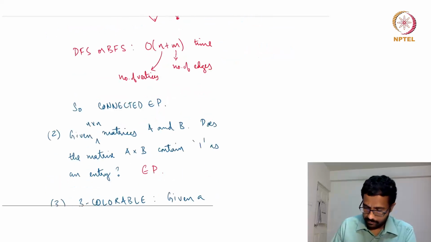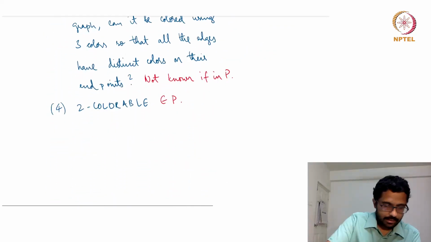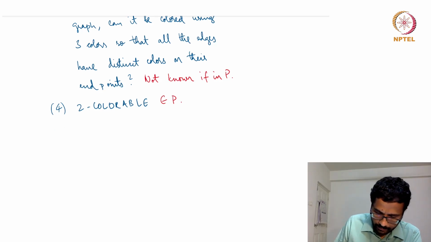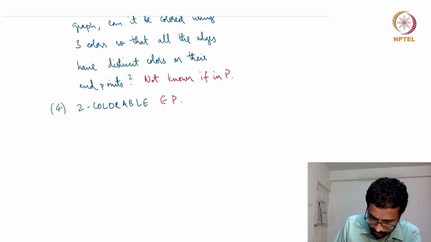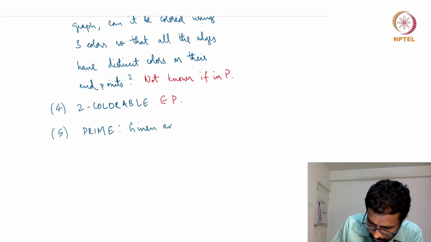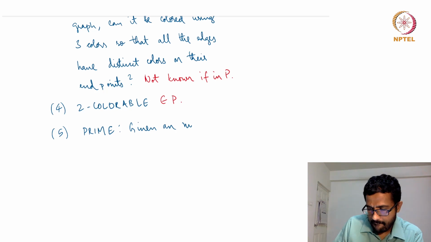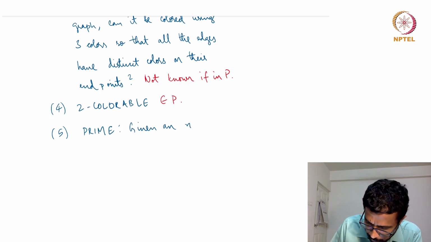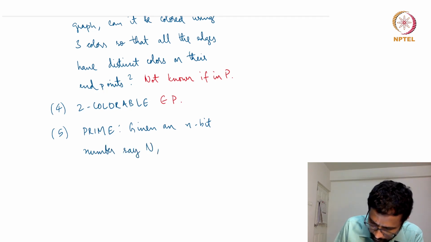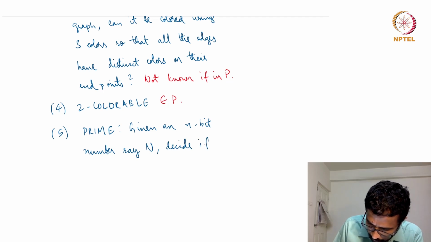And maybe I'll just say one or two more examples and then conclude. So, prime: given an n-bit number, let's say capital N, decide if N is prime.